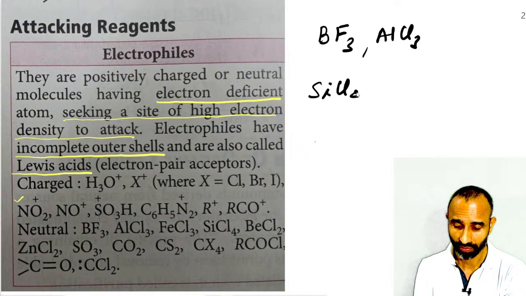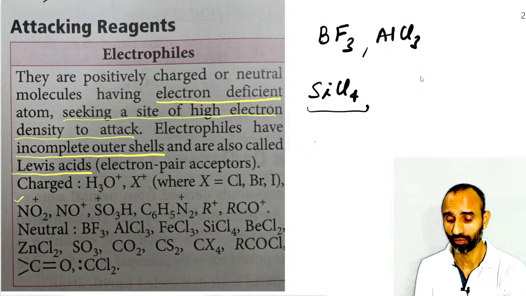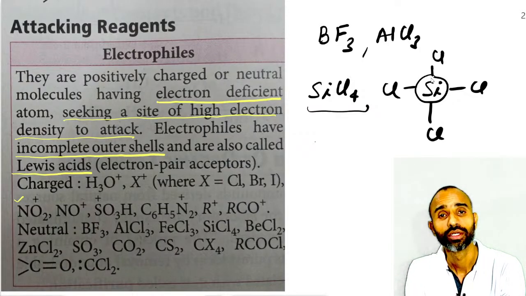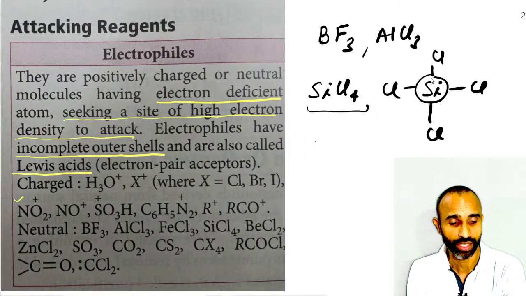Now, sometimes we are confused with SiCl4. The reason being, in SiCl4, silicon is attached to four chlorines, so it seems like it has a complete octet. So why is it electron deficient?